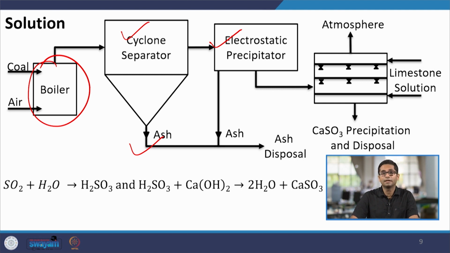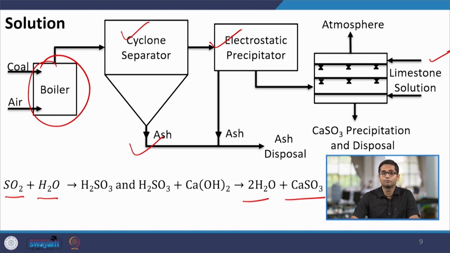So, what is sprayed on this flue gas is the limestone solution, which is limestone dissolved in water. So, first the water reacts with the sulfur gas to produce hydrogen sulfide, and this hydrogen sulfide is then made to react with calcium hydroxide, which is nothing but lime, to produce calcium sulfate as well as 2 molecules of water, and this is a precipitate.